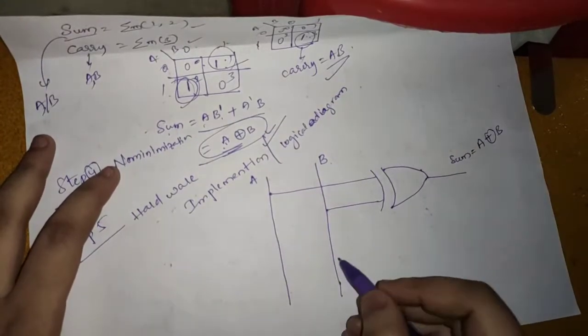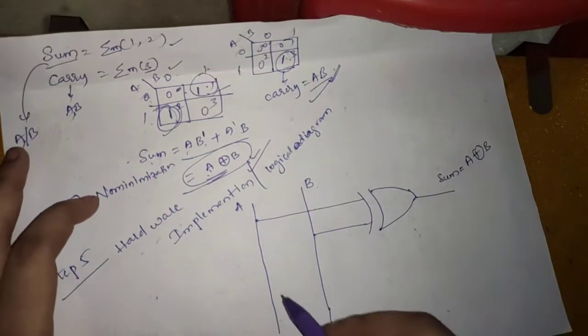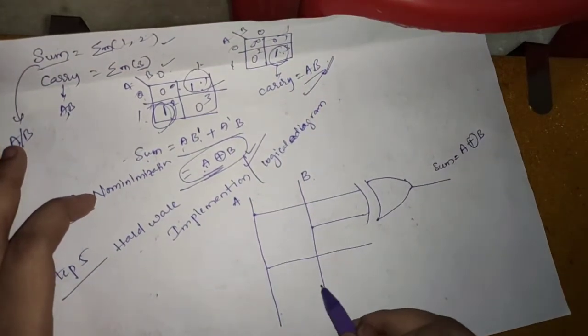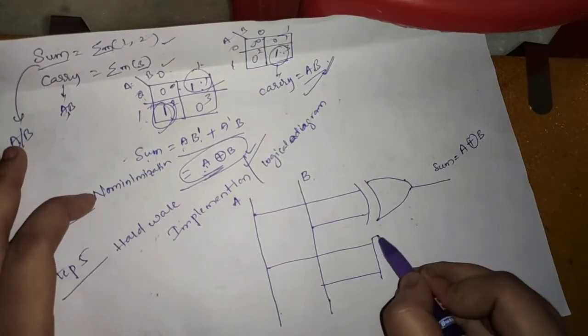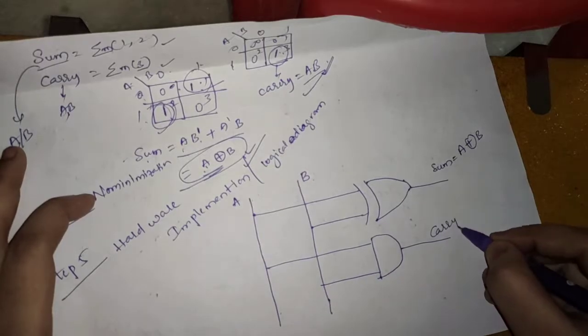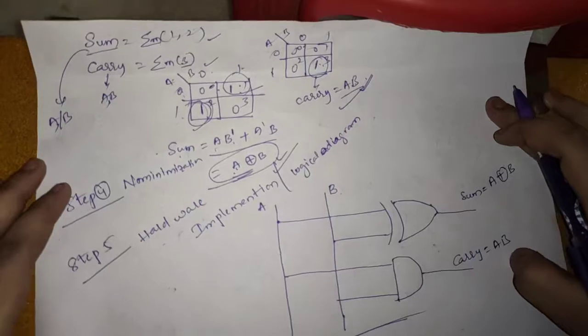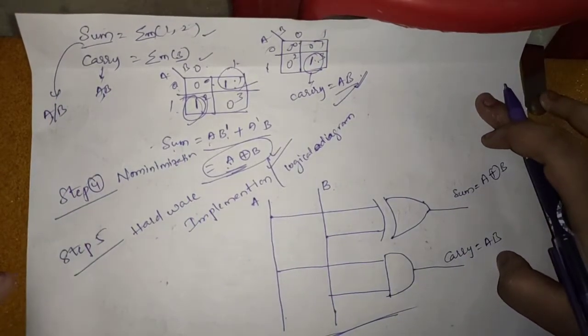For carry, it is the AND gate, right? A into B. Take A and B, perform the AND operation, and we'll get the carry equal to AB. So this is the designing of half adder.